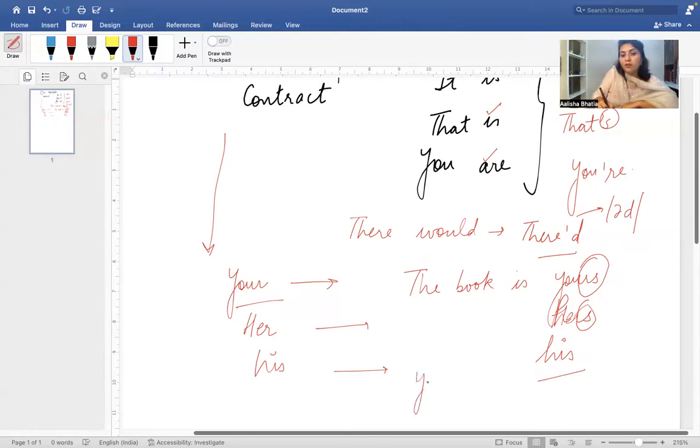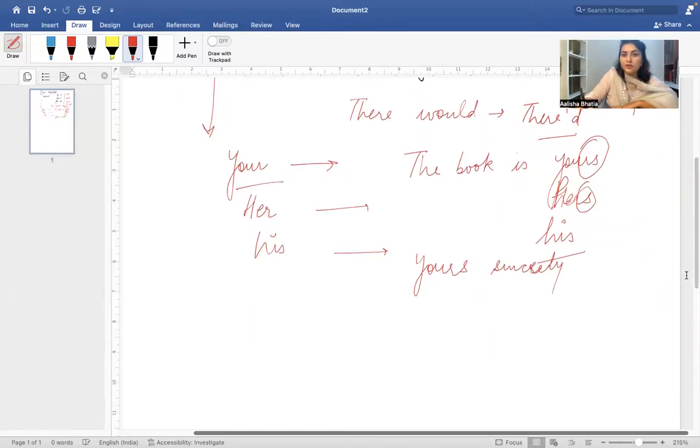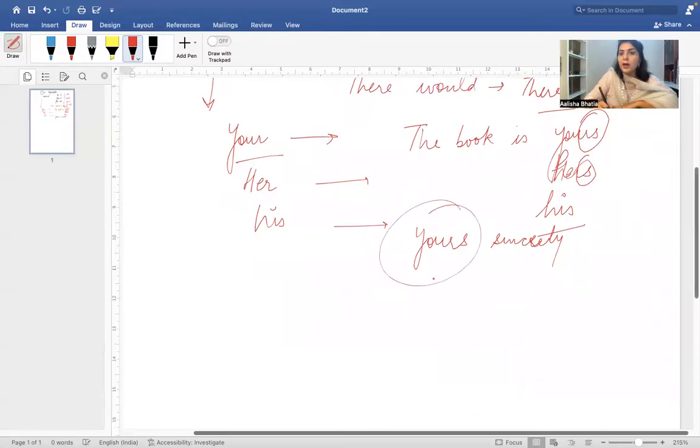Why? Many of you might have seen people writing "yours sincerely" like this. When we are talking about yours, you might have seen that some people use an apostrophe here, which is incorrect. We are talking about a possessive pronoun. Whenever we use it with a pronoun, there is no apostrophe there.